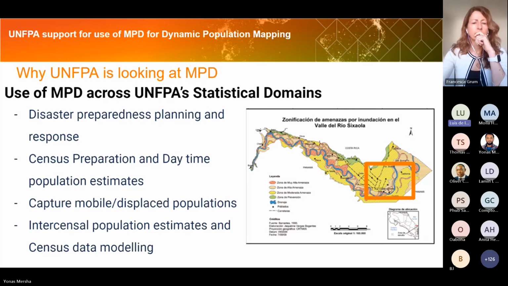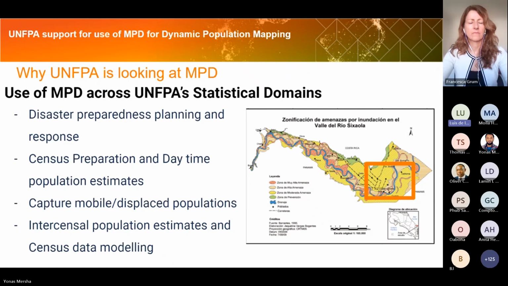For example, for disaster preparedness and planning response, population models based on census data, even using geospatial data, are not able to identify population movements due to security reasons. For example, something we are facing now in Haiti. Or in a sudden disaster, we would have the same. We would be sharing our common operational data sets, telling other stakeholders where the population was at the census time, but not at the current time.